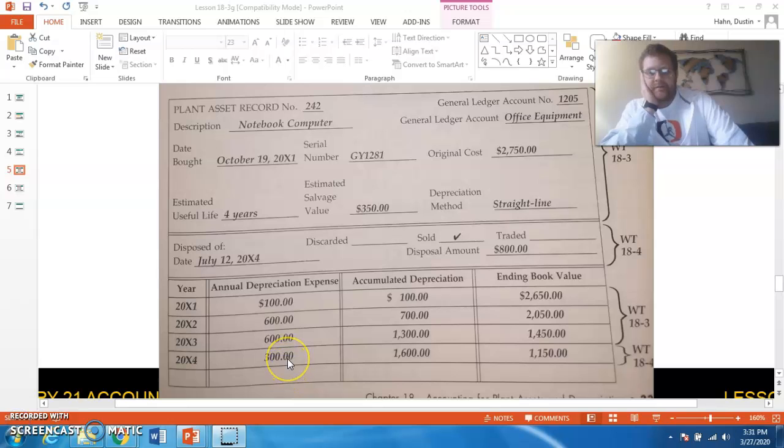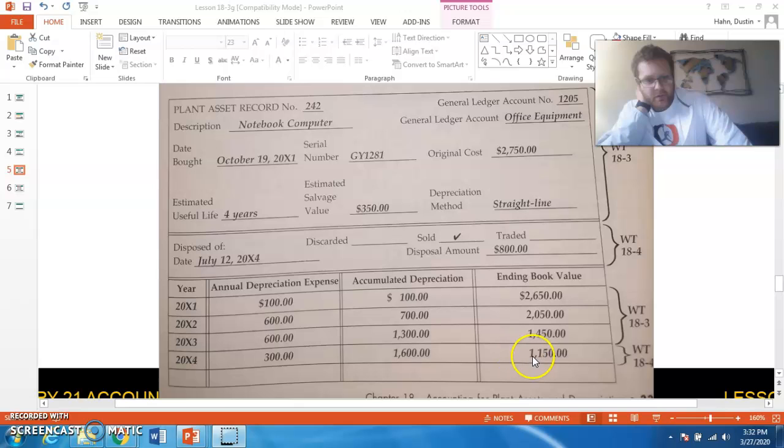Since you have your $50 per month, it says you are disposing of it in July. That's 6 months. So 50, which is your monthly depreciation, times 6. That's where that 300 comes into play. 1300 plus 300 equals your 1600. 1450 minus 300 equals your 1150.